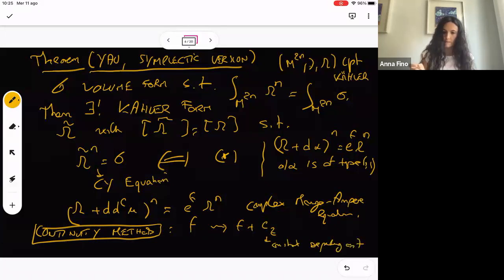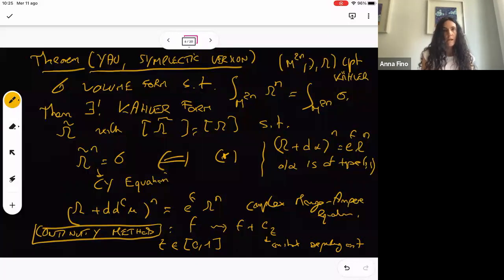So you are taking, in fact, a family of PDE equations depending on t, and t is in the closed interval [0,1]. And then the idea is to show that the set of t for which you have a solution is open and closed in the interval [0,1].